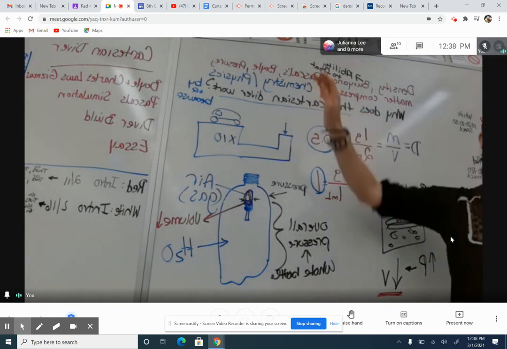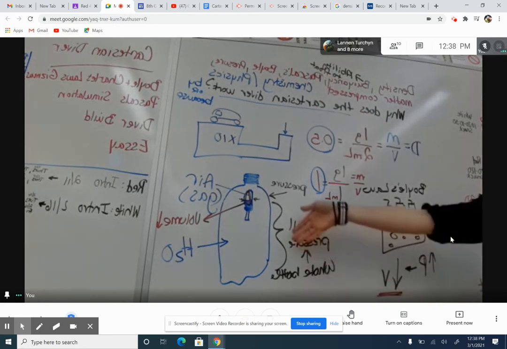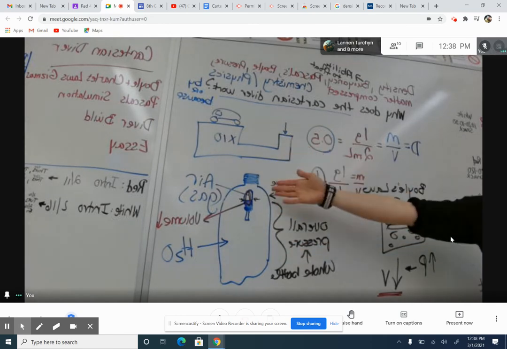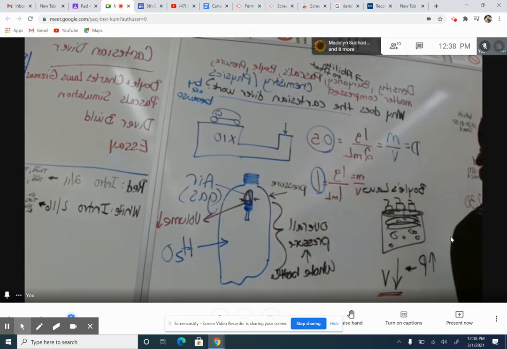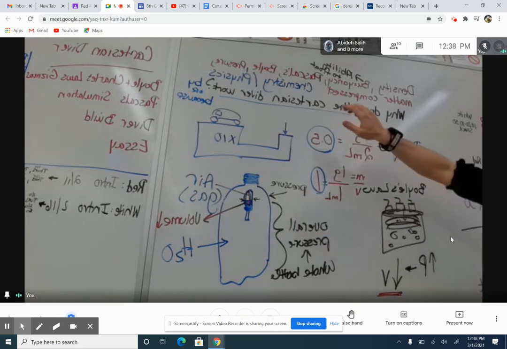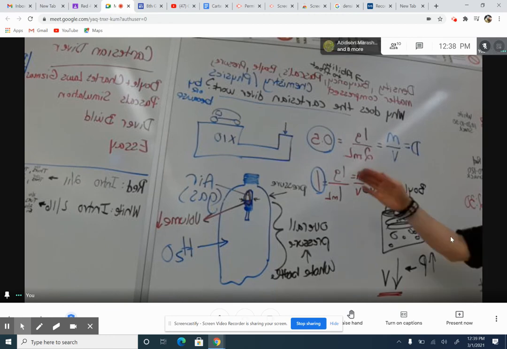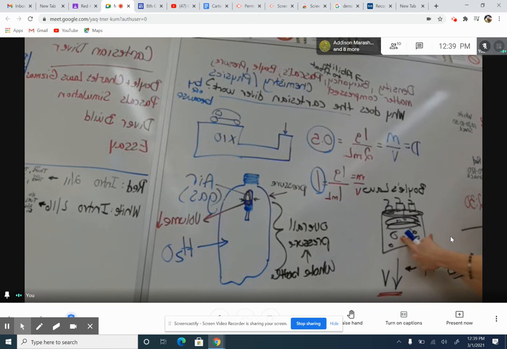Did we talk about Pascal's principle? Yes. Do we understand how in a closed container, when we apply pressure to one area, it gets magnified through the whole container? Therefore, the pipette inside also gets that pressure applied to it. Did we talk about Boyle's law? Yes, because when we apply that pressure, the pressure gets increased on the gas.